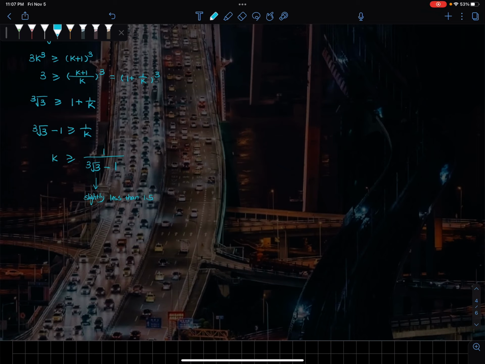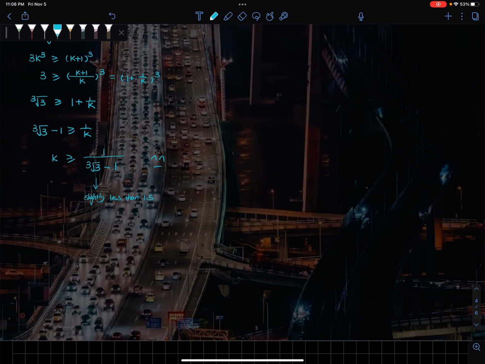So minus 1 is going to be slightly less than 0.5. 1 over 0.5 is 2. But it's slightly less, so you are dividing by a smaller number, you'll get a bigger number. So it's slightly greater than 2, but k is greater than or equal to 4, so it's definitely greater than 2, so this is good.